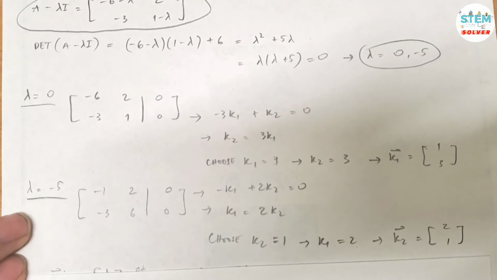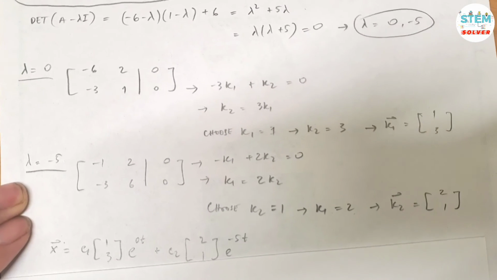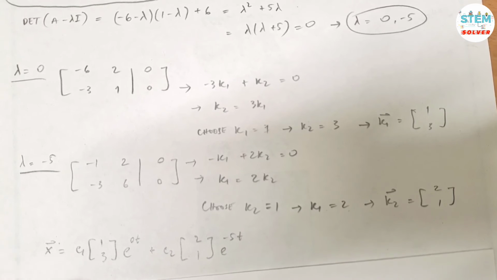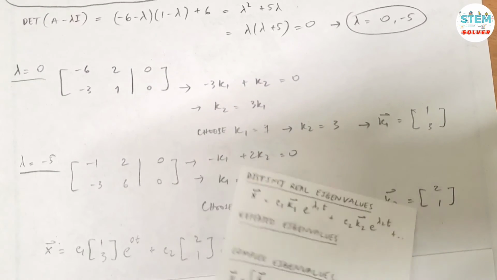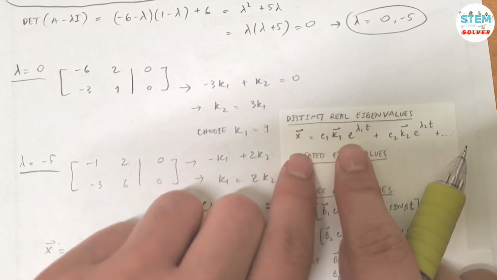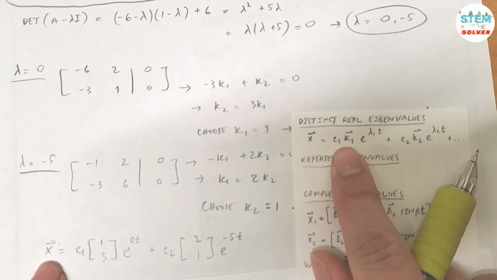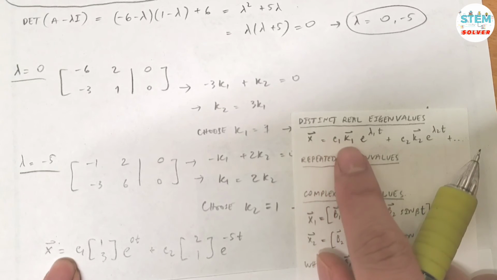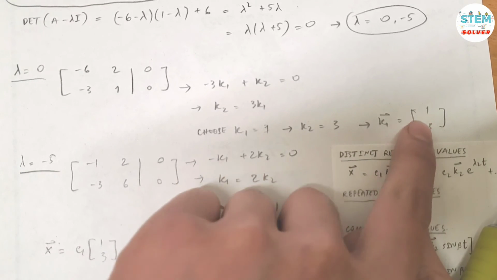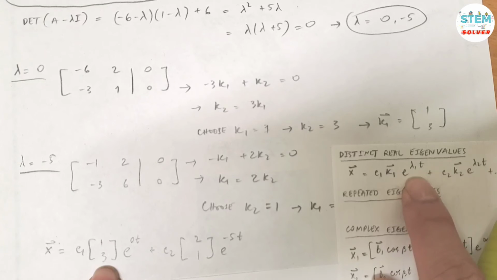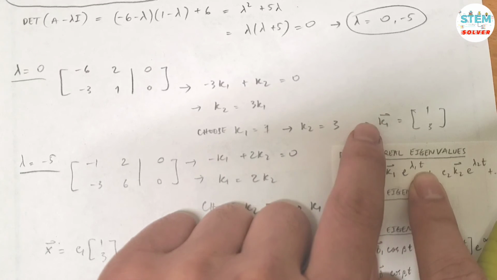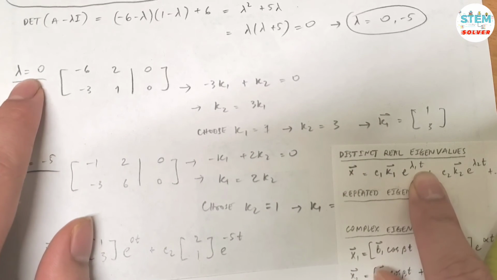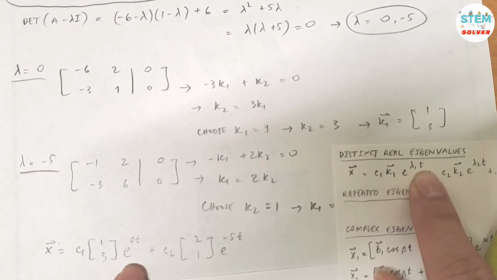Now here is your final solution. Because you have two distinct real eigenvalues, your final solution will be written in this form. Vector x equals c1 times k1, which is (1, 3), times e to the lambda 1 t. Since lambda 1 is 0, you have e to the 0t, which is 1.